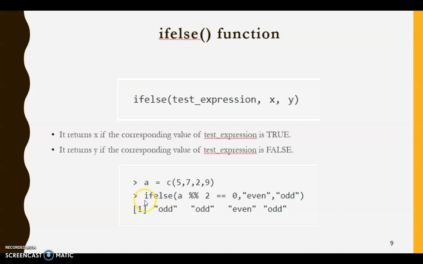Here it puts the ifelse function, and the condition is: the elements of A divided by 2, if the remainder equals 0, print even. If it is not, print odd, and after that when you run it, you get these results.